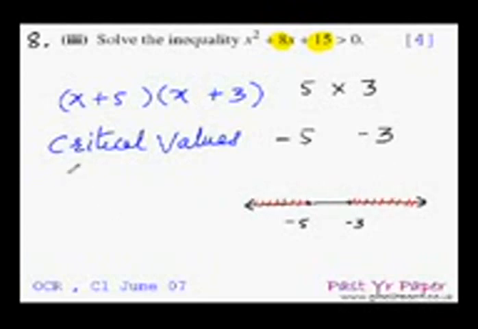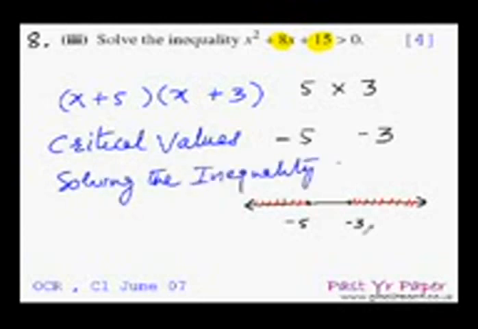And then finally you can put solving the inequality. We get that either x is greater than minus 3 or it is less than minus 5. That's it. Whatever you are seeing here, just put it in a more mathematical way. x is less than minus 5 or x is greater than minus 3.